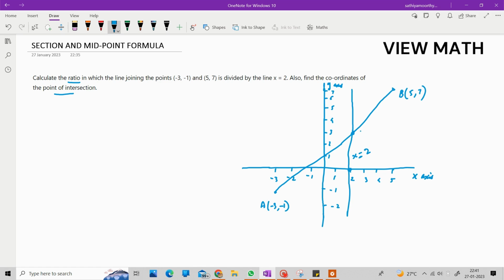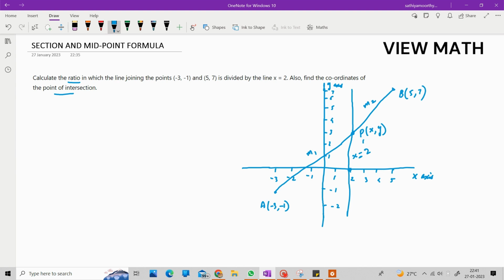This point they're asking us to find out. Now P is (x, y). They're also asking us to find the ratio m1 is to m2. Now in this, the point P is (x, y), but the x value is x = 2, we know.